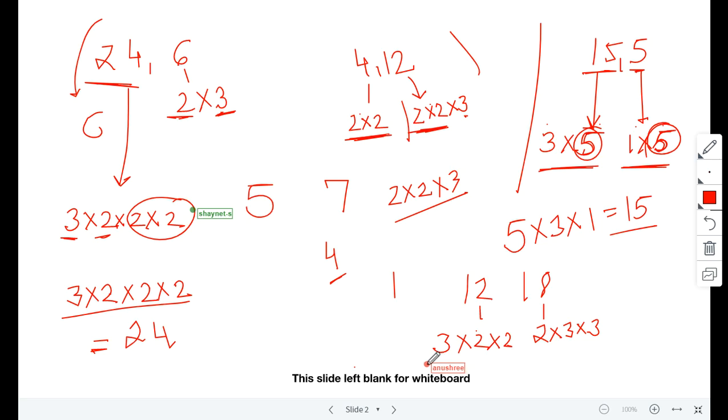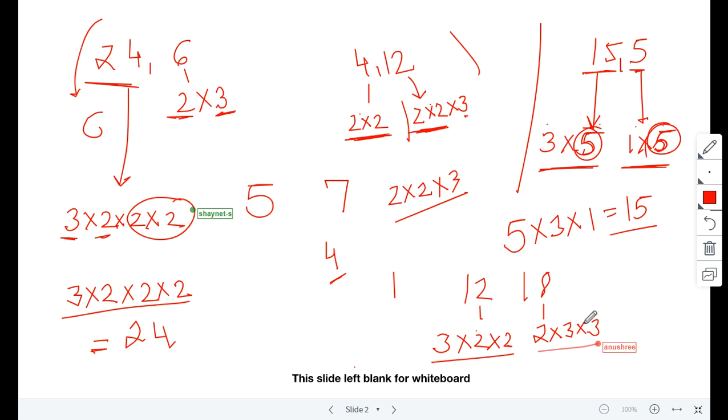What are the common numbers in both that you can see? It's 3 comma 2 comma 2 and 2 comma 3 comma 3.